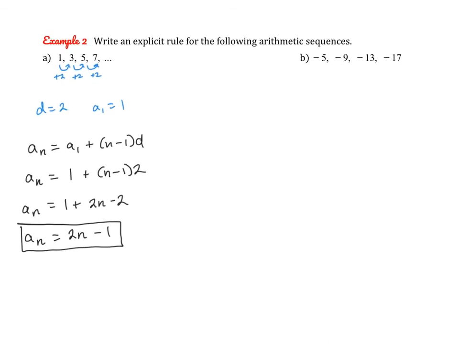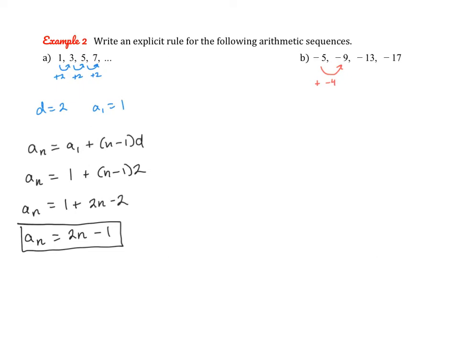All right, let's have a look at the next one. First, let's make sure it is actually arithmetic. Let's see if there's some type of common difference. I can see to get from -5 to -9, it's like we're adding, I'm going to say plus -4. Or you could just say subtracting 4.